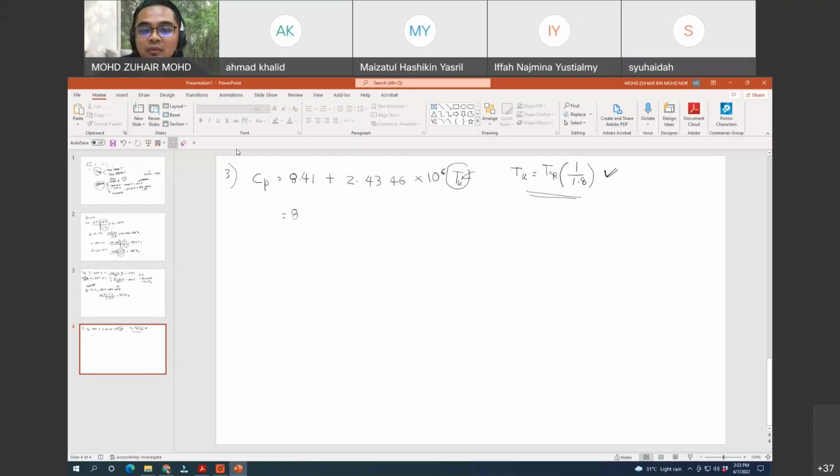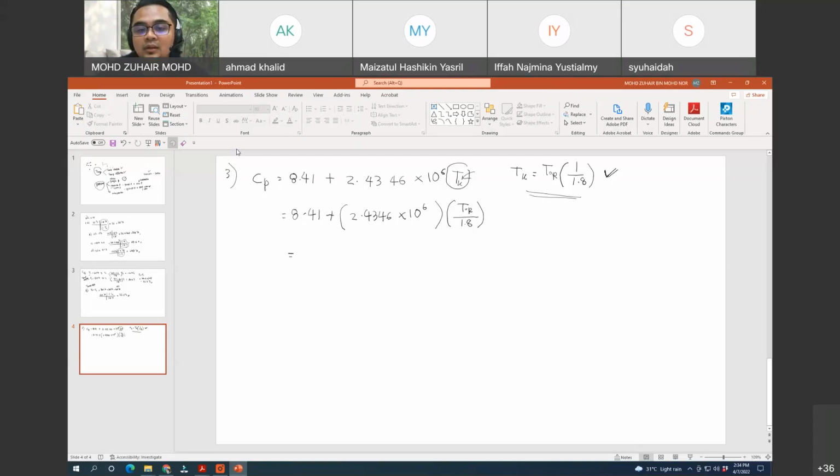8.41 plus 2.4346 times 10 power of 6. Okay, so the unit here is... this one T already changed to T R over 1.8.